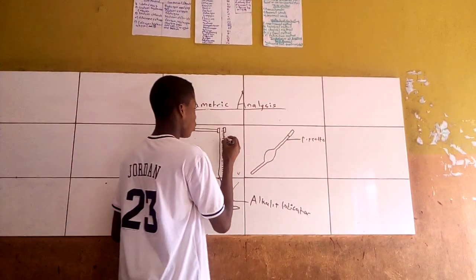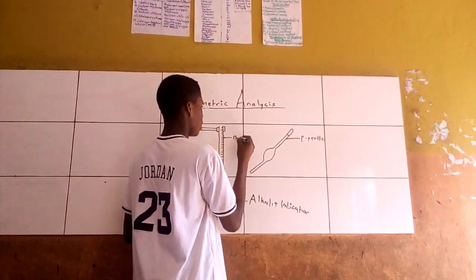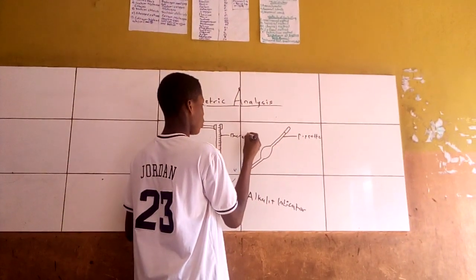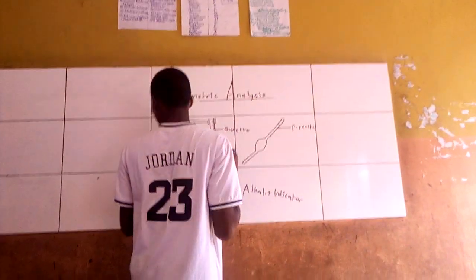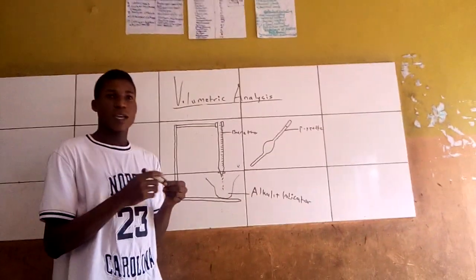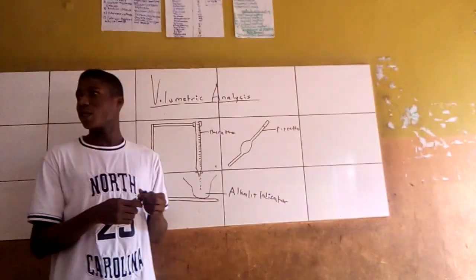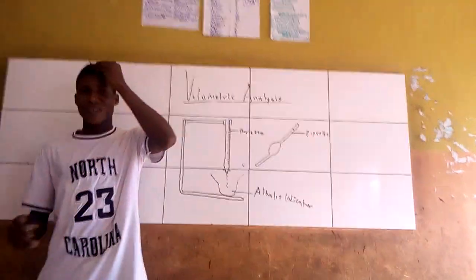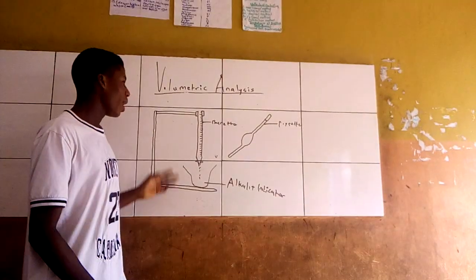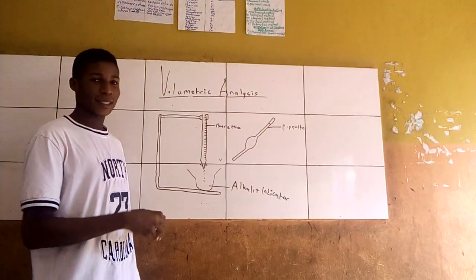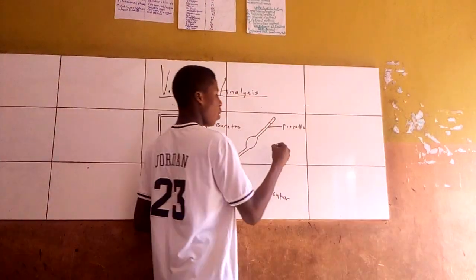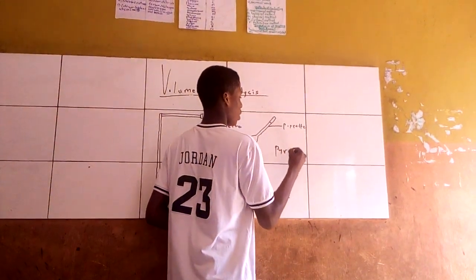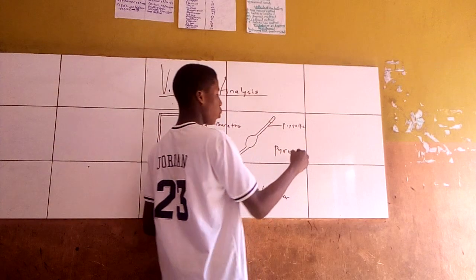This is called a burette. A burette is made of glass, and the common glass is called Pyrex. This is borosilicate.